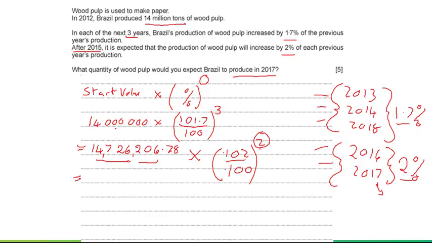Put those numbers into the calculator and we get out 15,321,145.38, and I think it's tonnes.